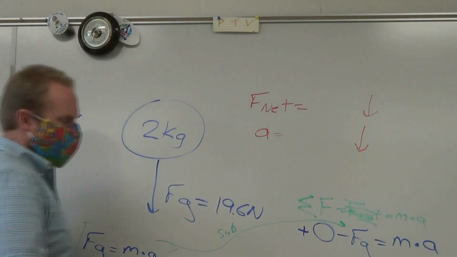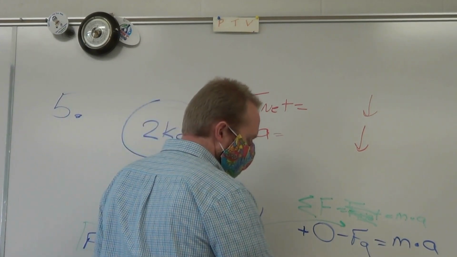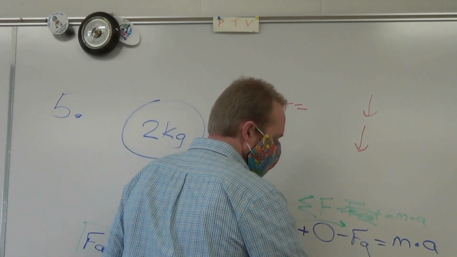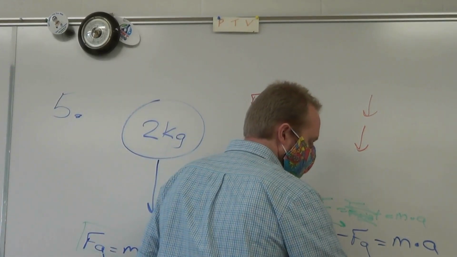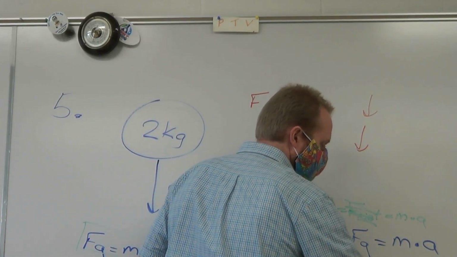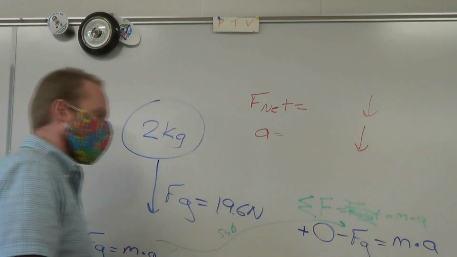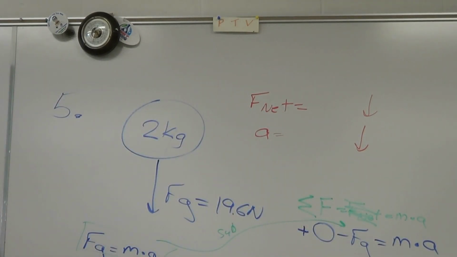And what I get is an acceleration that's equal to negative g, the opposite of g. G is 9.8, so the acceleration in the y direction is negative 9.8. That's where that free fall acceleration came from. In the absence of air resistance, the only force acting on the ball is gravity. It's going to accelerate down at negative 9.8 meters per second squared.